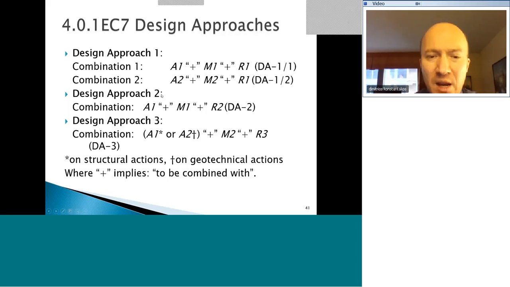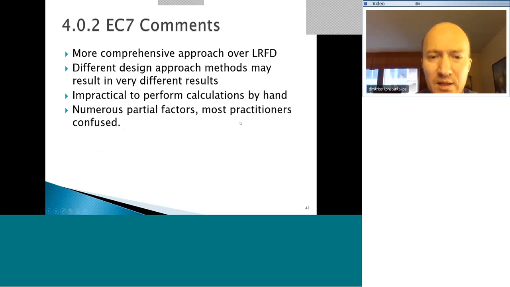Then there's design approach 2, where there is A1, M1, R2. In R2, there is a factor on the resistances. There's design approach 3, which in excavations really resolves back to design approach 2, unless these R3 factors are different. So, just to illustrate, it's a more comprehensive approach.